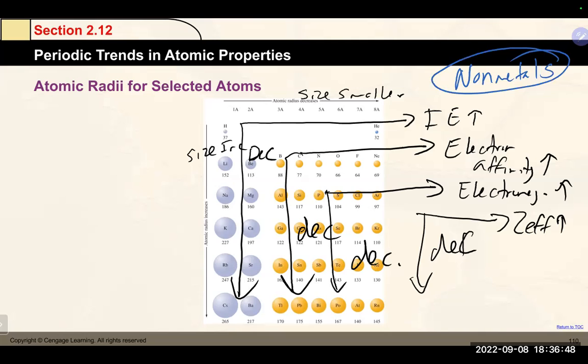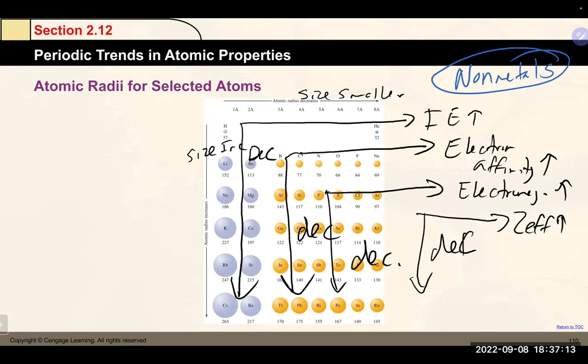And what we see with nonmetals is they typically have very high ionization energy, which means it takes a lot of energy to remove an electron. That is because the size is really small. So even the outer electrons are being held a lot tighter to the nucleus. They have a very high electron affinity, which means they like to gain electrons.